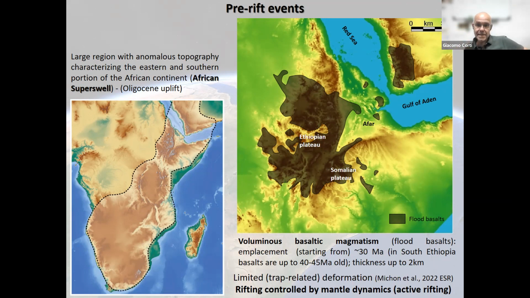The eruption of basalt started in South Ethiopia at 40 to 45 million years, and more recently in the northern part of Ethiopia, probably at around 30 million years.